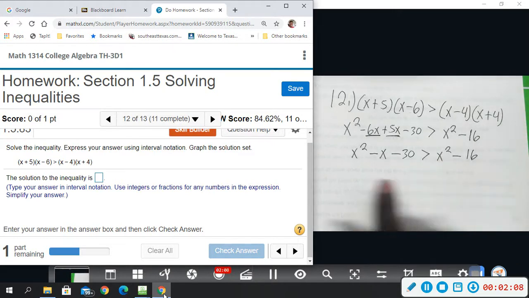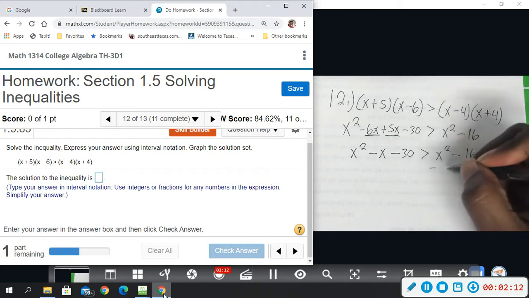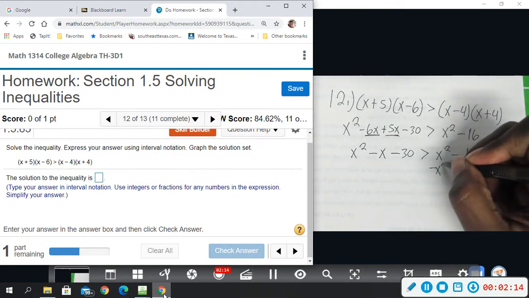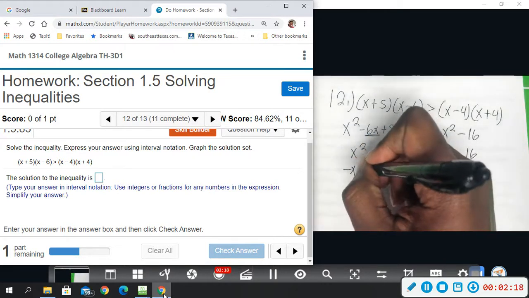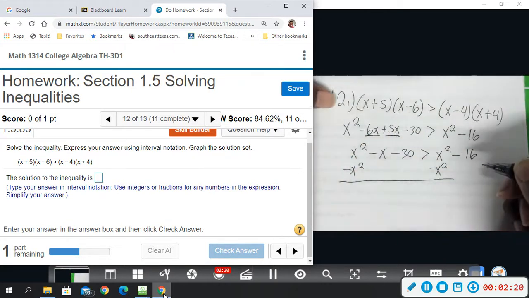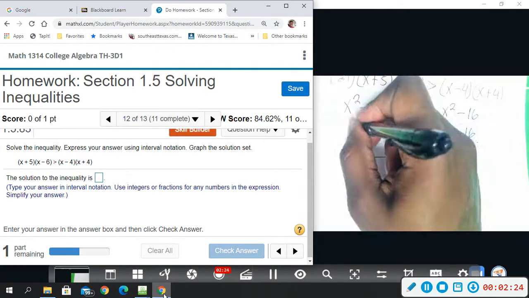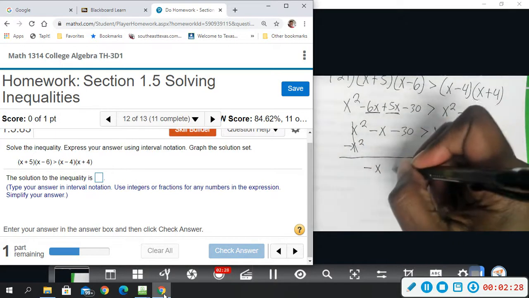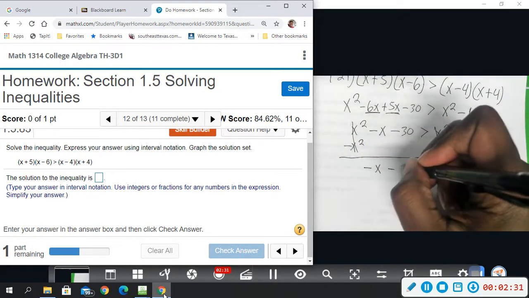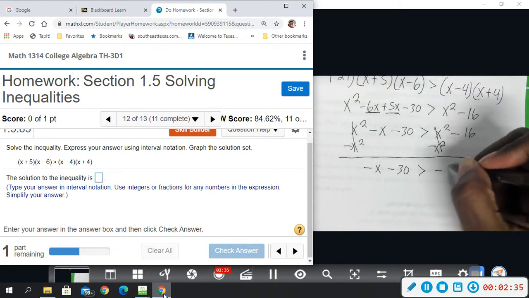Now we're going to move everything to one side. So I'm going to subtract x squared, and I'm going to subtract x squared from the other side. So this goes to 0, and this also goes to 0. I'll bring down negative x, I'll bring down negative 30, and that is greater than negative 16.